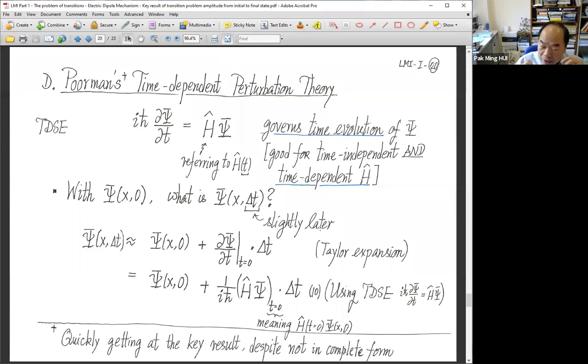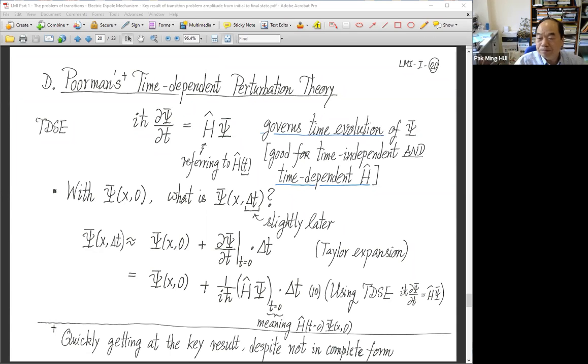Slightly more mathematical, but if you have the question in mind, you know what we are looking for: shaking, oscillating at the bottom of a well, look for the excited state probability, then you should be able to follow what's happening. Okay, so in quantum mechanics, in handling time-dependent problems, you only have one equation.